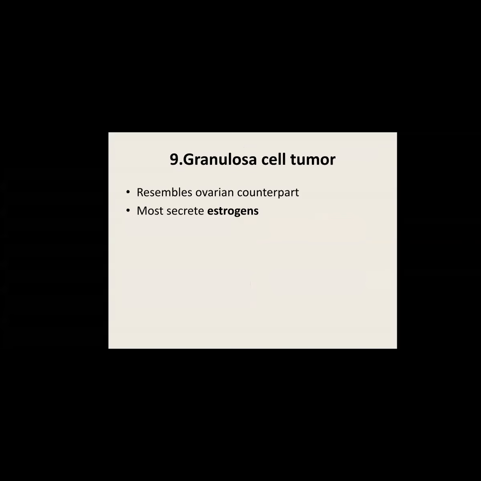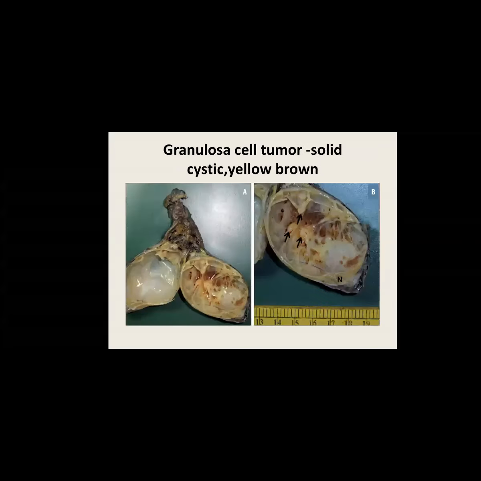Then moving to another entity, a non-germ cell tumor, the granulosa cell tumor. They resemble the ovarian counterpart, same thing in the testes also. They secrete estrogens. How will they appear? They will appear as solid and cystic areas, with yellow-brown areas also.